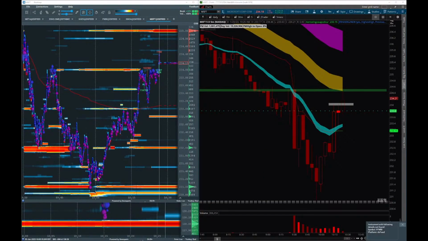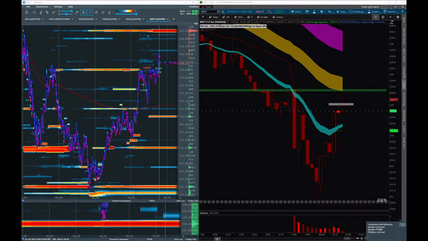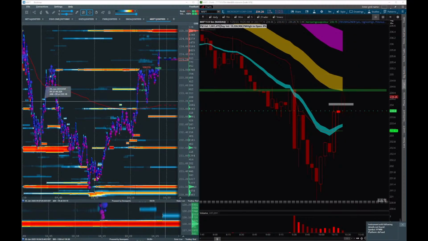But here you can see that's a correct break, 234. So it's not faking out, it's not giving a bull trap. Now it's pushing strong to this 234.50. Next target will be 235.